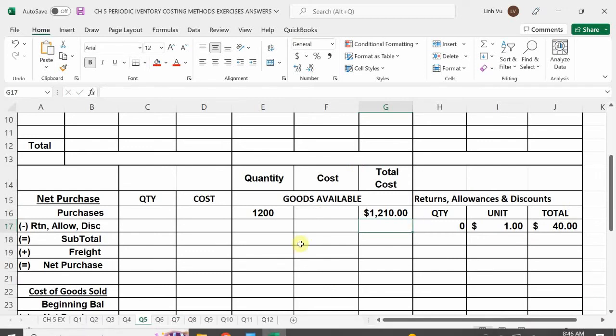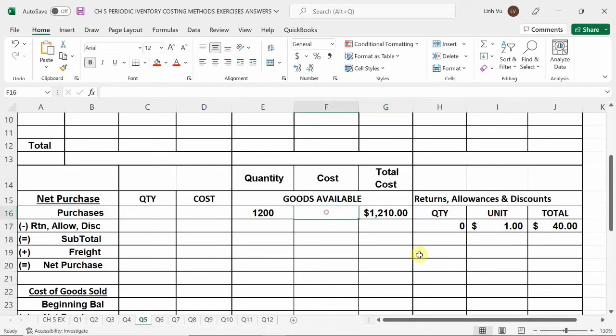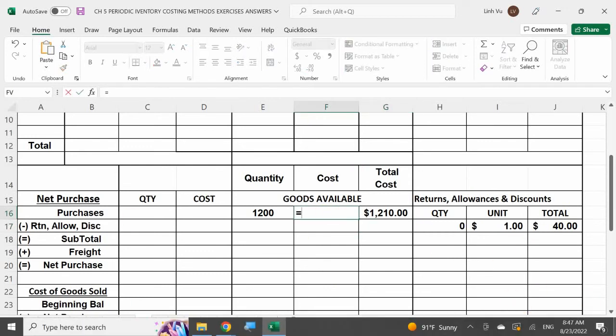Now in this case, the question is, what is my new cost per item? Because now I have a new total cost that I have to spread across 1,200 units. Right? I no longer owe $12.50, I owe $12.10. So I have to adjust the cost per item now.